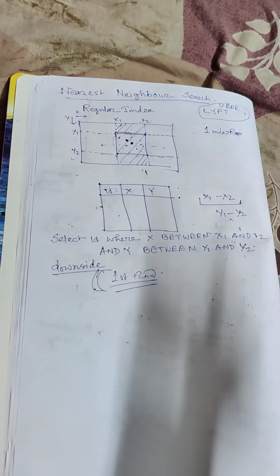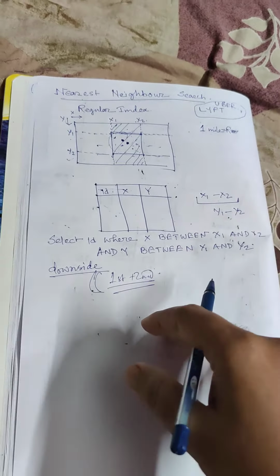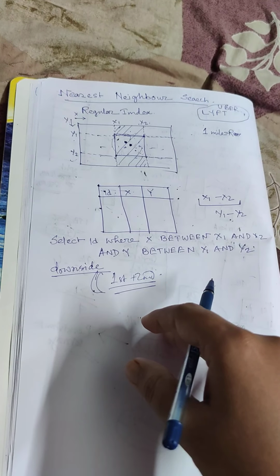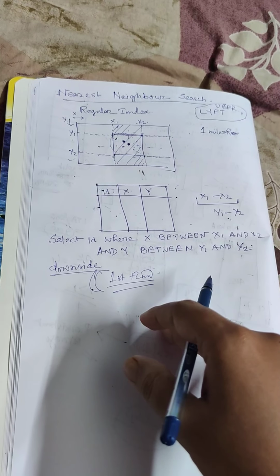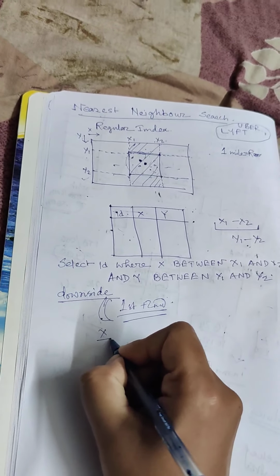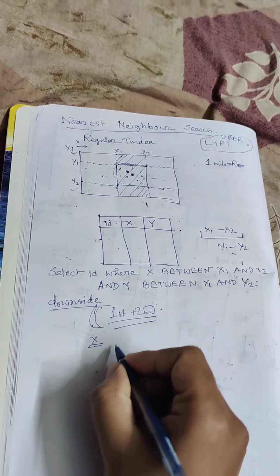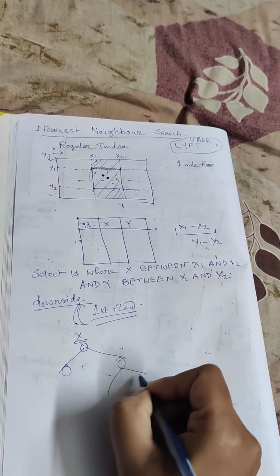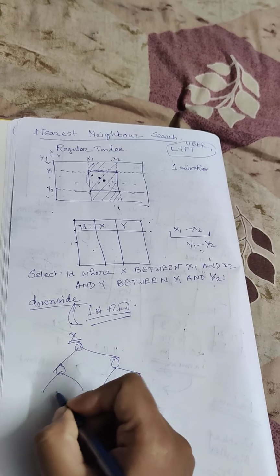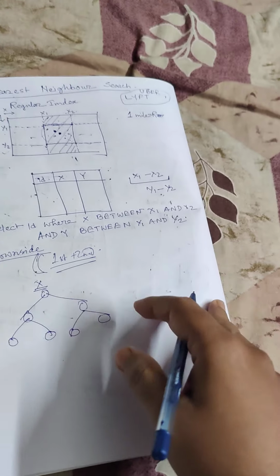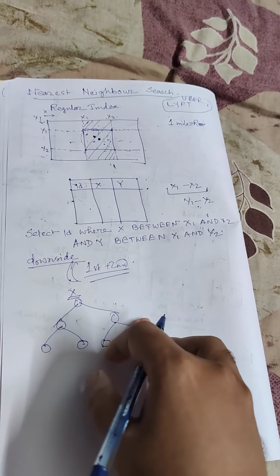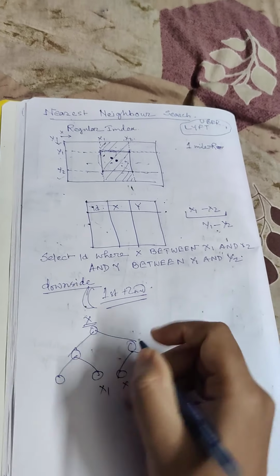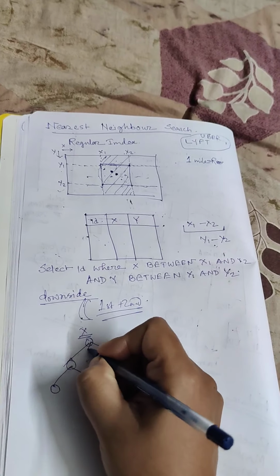So you can go with a binary search tree over here, where you order the nodes by x value, and the x value determines where the node goes. Then you make a range query on this binary search tree. Suppose this is your x1 and this is your x2, and you get some results from here, here and here.